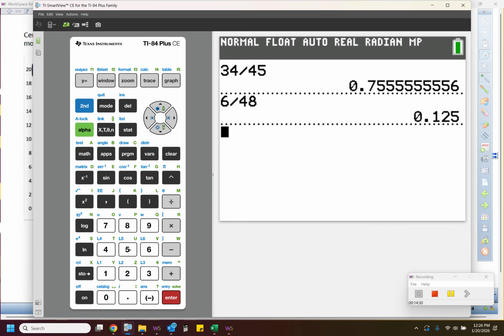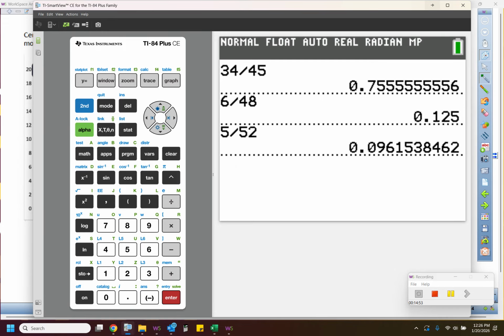And they want 2 decimal places, but relative frequency means don't move the decimal and change it to a percent, just leave it the decimal. So if we go to 2 decimal places, you see I have to look to the third guy right here to see if it's 5 or larger, which it is. So this 9 has to round up to like a 10 in that case. So the relative frequency is 0.10.